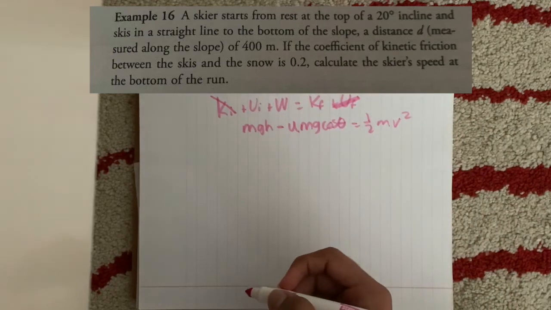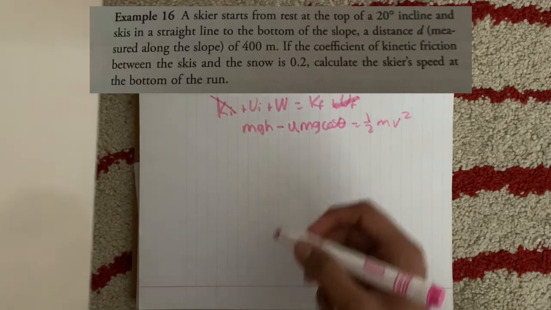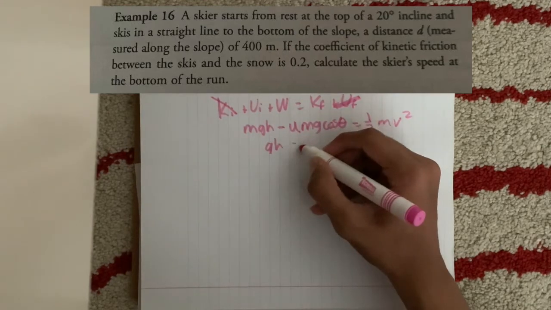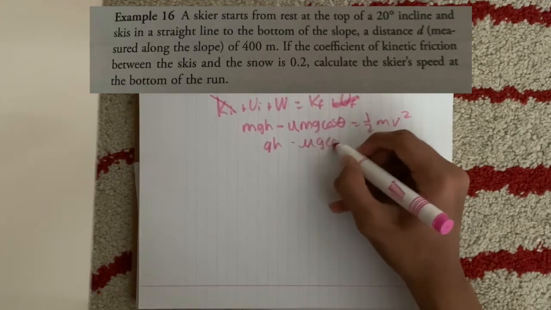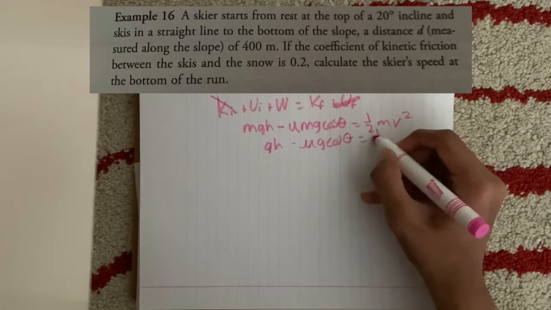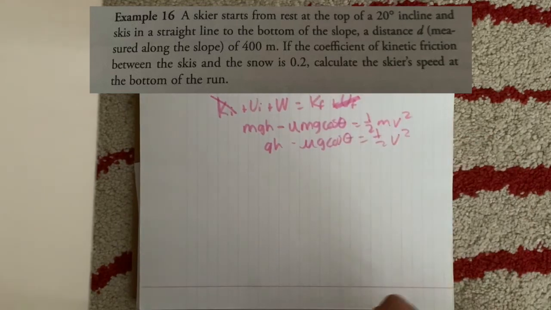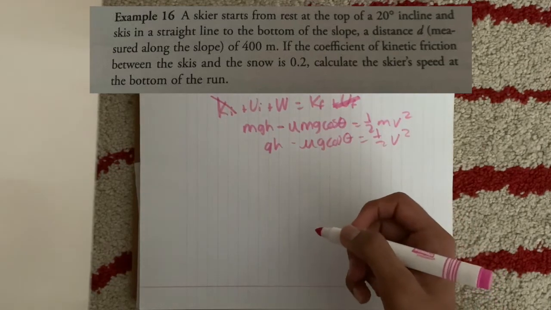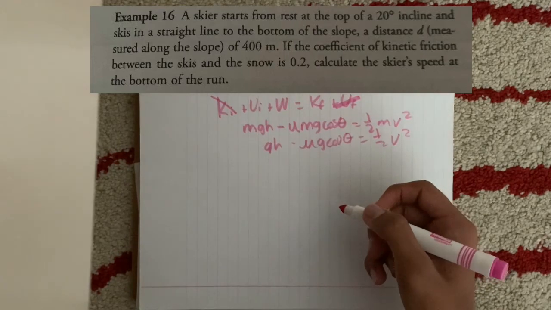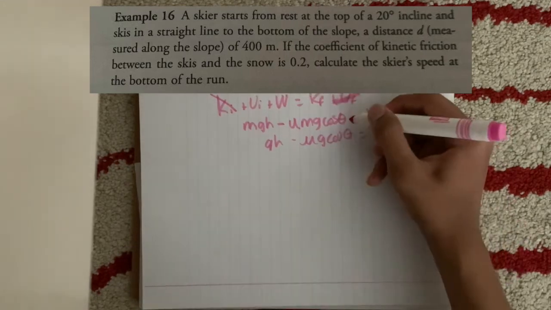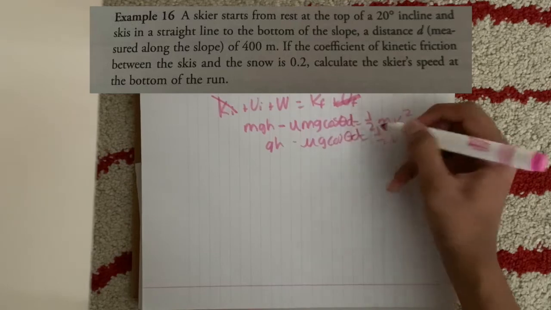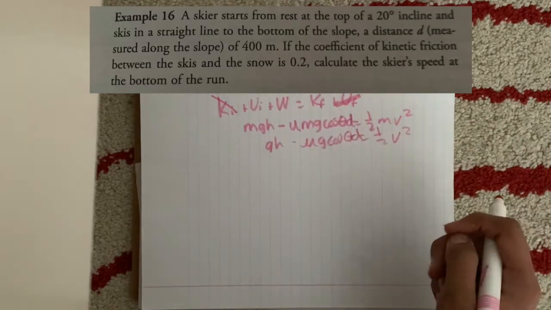Now we can divide both sides by m to get gh minus mu g cosine theta is equal to 1/2 v squared. There's supposed to be distance because it's the force times the distance, my bad.